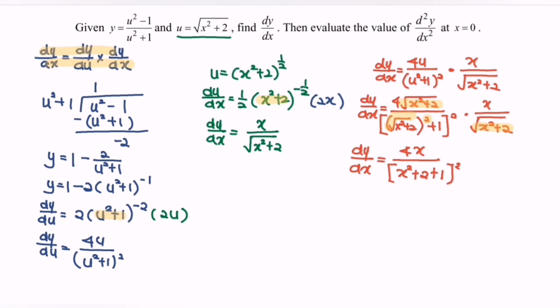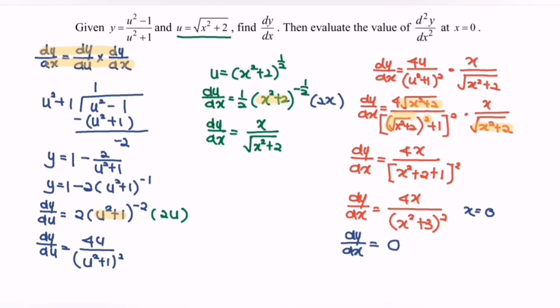So finally, dy/dx equals 4x over x squared plus 3 bracket squared. Before we further our discussion, let us determine the value of dy/dx. If we substitute x equals 0, dy/dx will be equals to 0 over 3, which equals 0.